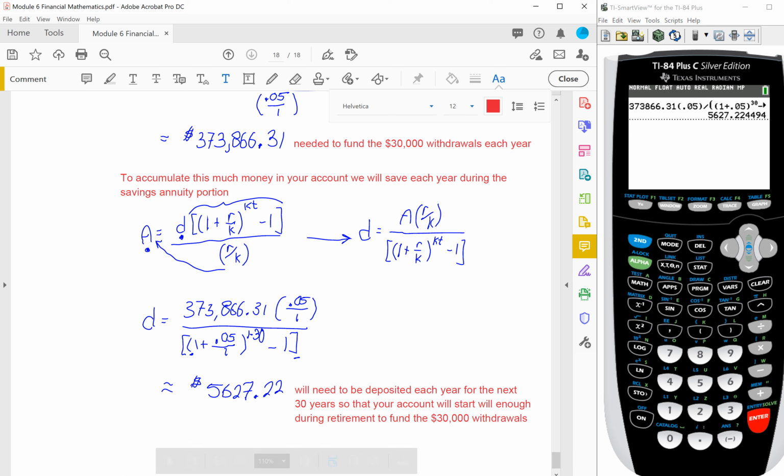So if you make $5,627 payments every year for the next 30 years, then in 30 years, you'll have $373,866 in your account. At that point, you'll stop making deposits, and you'll start withdrawing $30,000 each year for the next 20 years.